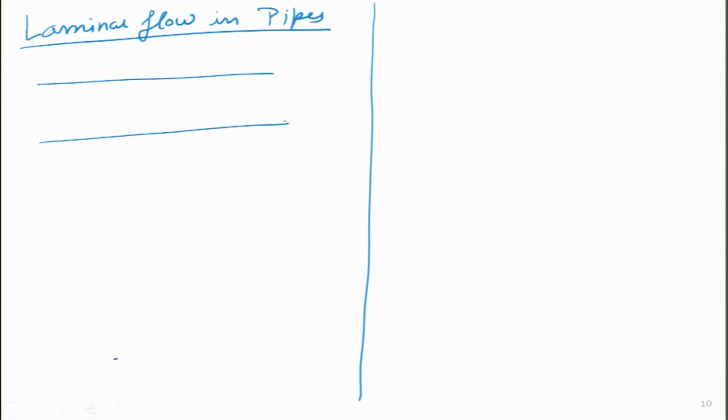Let us look at the background of laminar flow in simple pipes. If we have a pipe over here and we have fully developed laminar flow, so I will write it is fully developed.